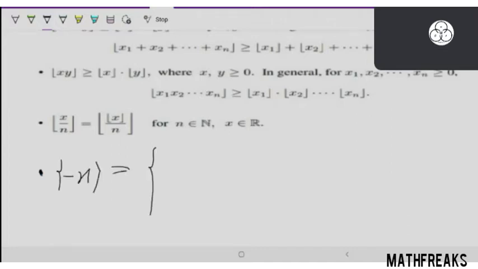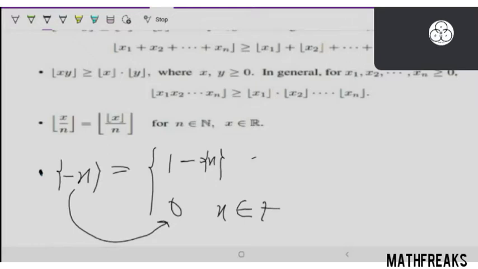This is how we are defining the piecewise function. This is equal to 0. Minus x will also be equal to 0 when x belongs to integers, and when x doesn't belong to integers, we have already discussed this a lot of times, so I hope you have not forgotten this. Okay, this is also very important, equally important.